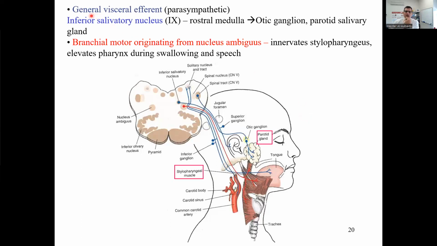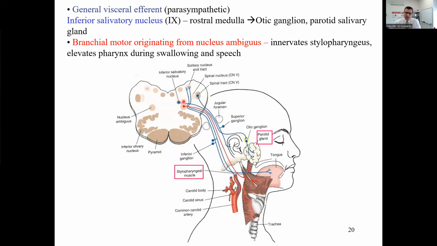What other function does the glossopharyngeal nerve have? Parasympathetic function, or GVE function. The relay nucleus here is the inferior salivatory nucleus, not the superior salivatory nucleus of the facial nerve. This is the inferior salivatory nucleus, which is located in the rostral medulla. So in the rostral medulla, there is also a specialized parasympathetic nucleus, called the inferior salivatory nucleus.